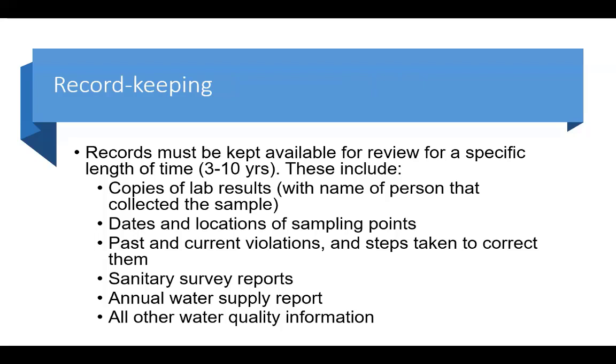A sanitary survey report provides an opportunity for the primacy agencies, or in Michigan, EGLE, to visit the water system, educate the operator about proper monitoring and sampling procedures, and provide technical assistance. They're a proactive public health measure and an important component of the Safe Drinking Water Act.